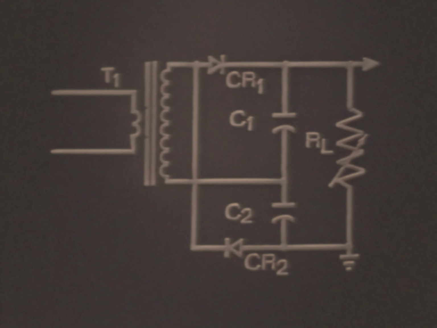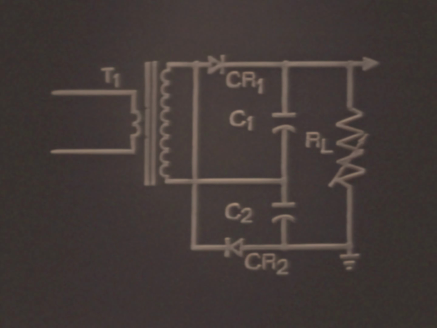This voltage doubler circuit, operating as a full-wave rectifying device, develops an output pulse between here and ground on both the negative and positive alternations of the input signal.